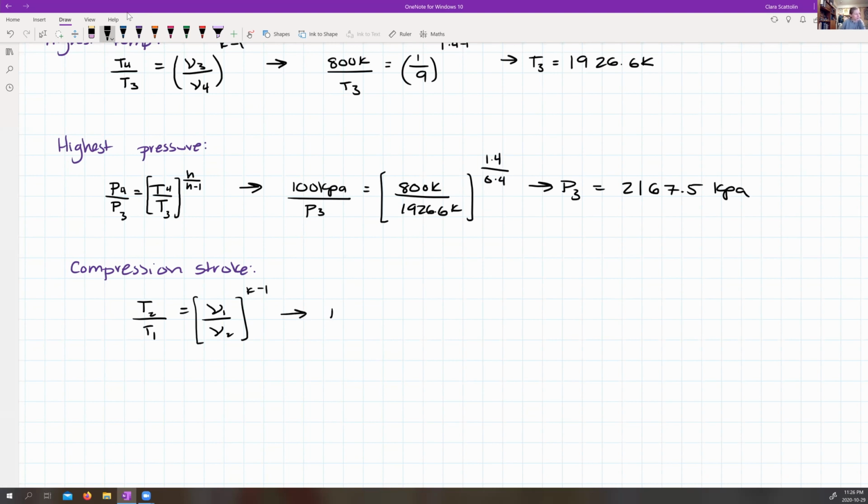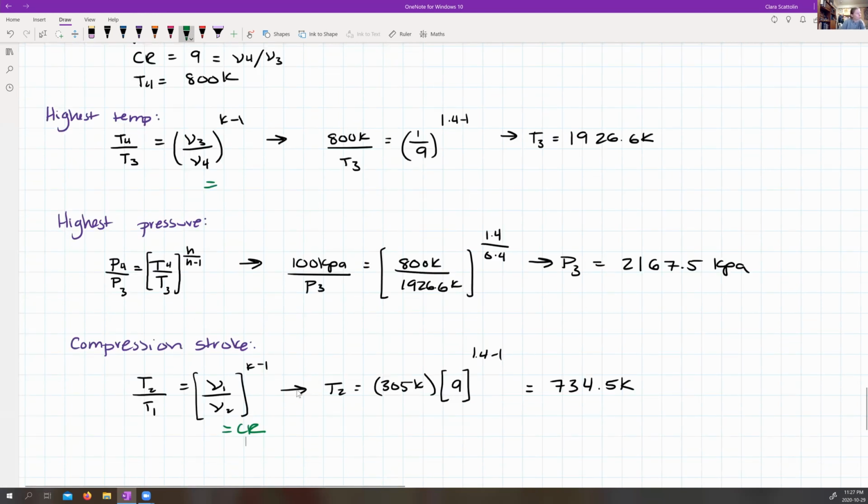So I get that T2 is equal to T1, which is 305 Kelvin, times V1 over V2, in this case equal to my compression ratio, which was 9, to the 1.4 minus 1, which gives me a T2 of 734.5 Kelvin. Just this is equal to compression ratio, and this was equal to 1 over compression ratio.